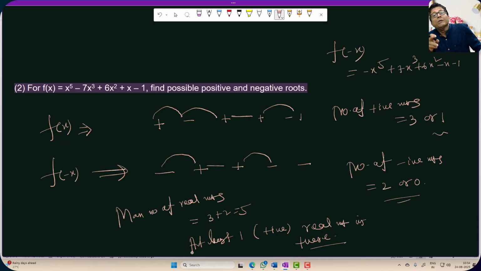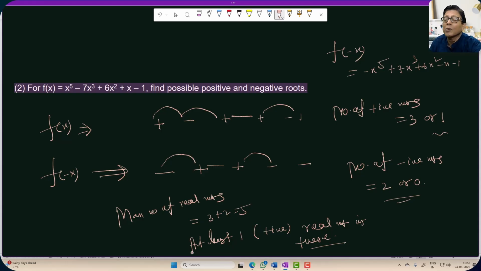Now, before we complete this session on the basic concept of these three beautiful theorems, I'd like to ask you, after getting the number of positive and negative roots, a question may be there: find the location of roots. How do you find it?